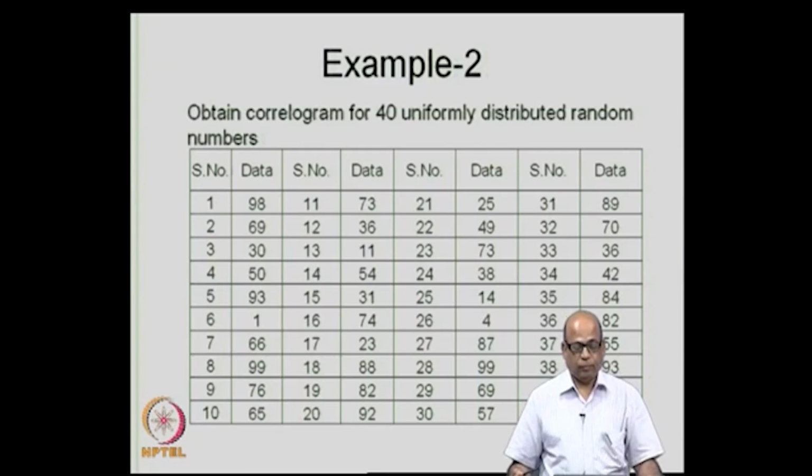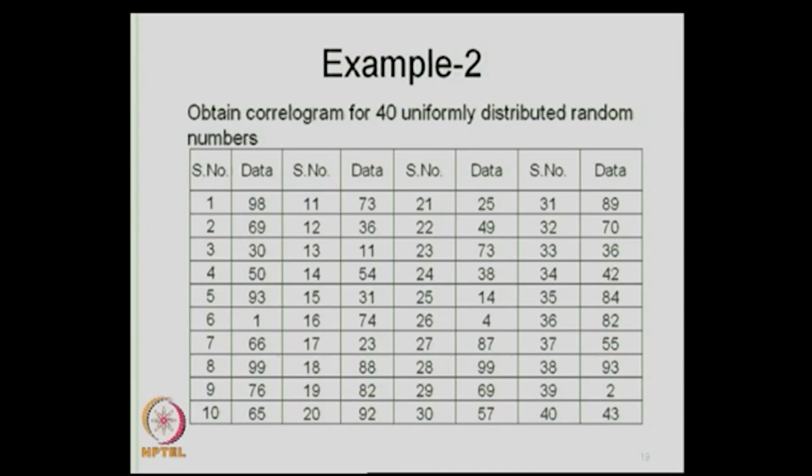Let us examine this now. Let us generate 40 uniformly distributed random numbers, that is 2 digit random numbers, and see what happens to the autocorrelations. We will compute autocorrelations up to let us say lag 10 or something. So, this is the data, these are the serial numbers, and this is the data on uniformly distributed random numbers 98, 69 etcetera. So, you have 40 values of uniformly distributed random numbers between 0 and 99 in this particular case.